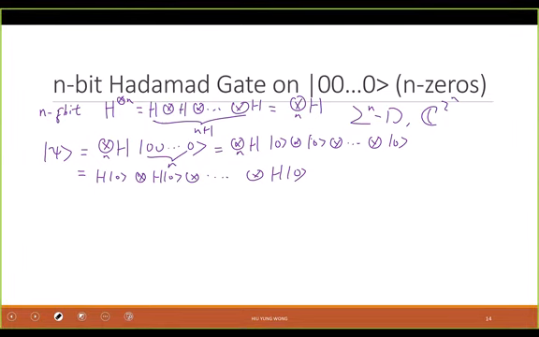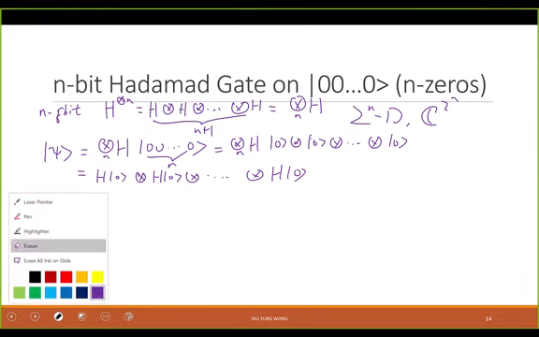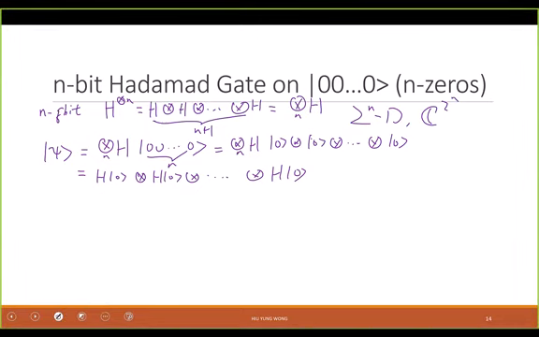But now we know very well what H is. Does anyone remember what we just learned? Apply H to 0, what will it be? It becomes a linear combination, yes.